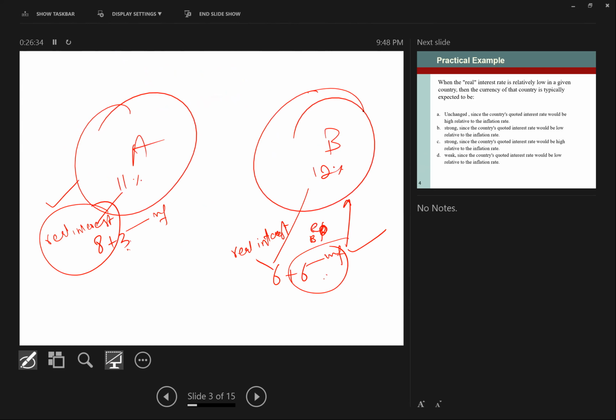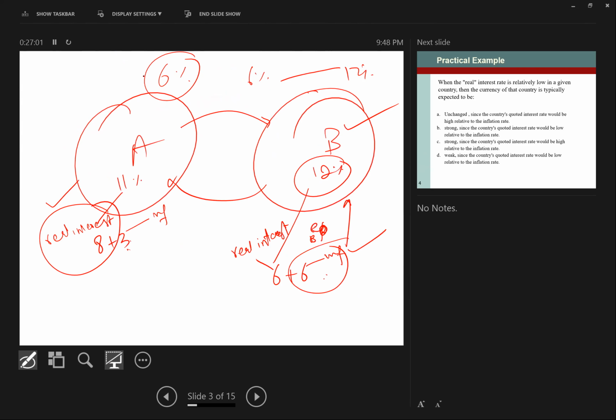On the surface, it looks like country B is giving us more profits. So let's place our money in country B's banks and then convert to our home currency, which is A. So what happened? You earned 12%, but at the end, the currency will be depreciated by 6%, and you will end up earning 6%.